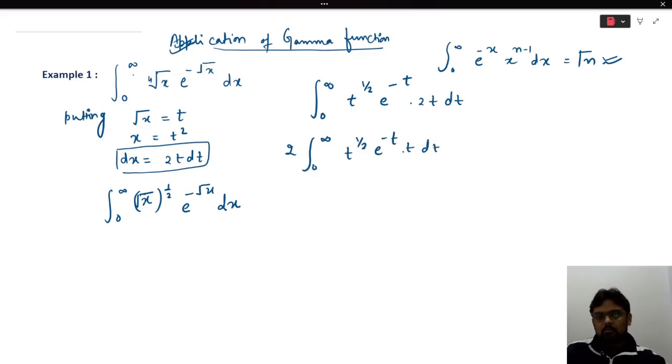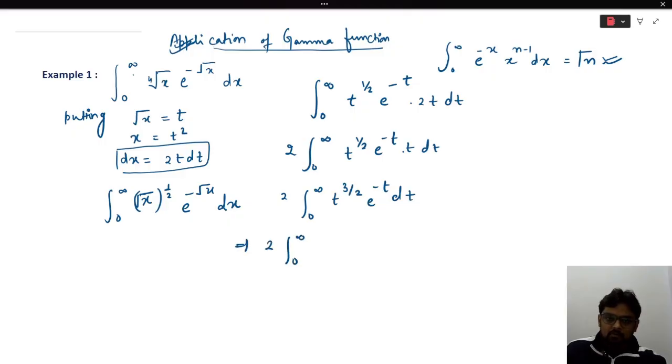t to the power 1 by 2 and t to the power 1 combine to give 0 to infinity t to the power 3 by 2 and e to the power minus t dt. We can write this as 2 times integration of 0 to infinity e to the power minus t, written first because the form is like this. Now t to the power n minus 1, so we can write t to the power 5 by 2 minus 1, which is equal to 3 by 2.